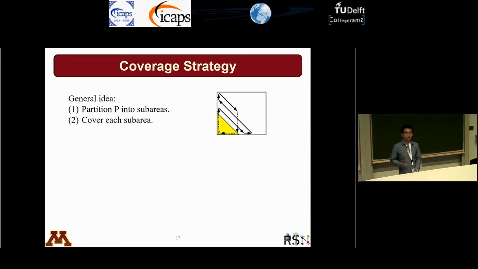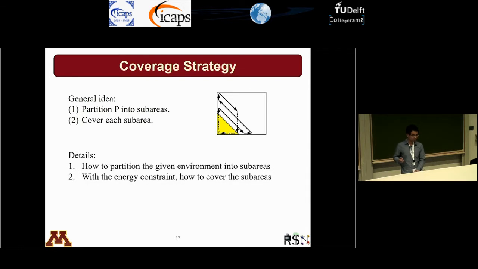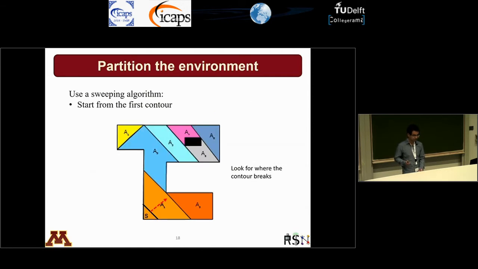The general idea of our approach is that we first partition the whole environment into some sub-areas, and then we cover each sub-area one by one. My following presentation will explain how we partition the environment, and, with the energy constraint, how we cover the sub-areas. First, we introduce what a contour-connected environment is.